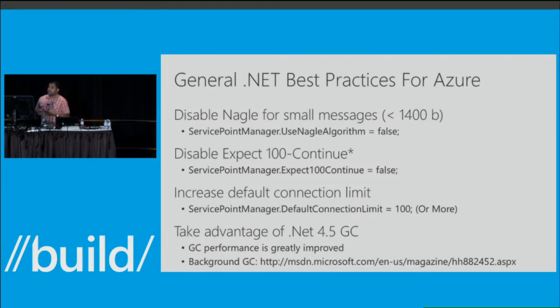One of the recommendations is to always increase the number of default connections. .NET by default has 2, and this has hit a lot of our users, who aren't aware that the default setting is 2. When they run their application, they don't get enough throughput, just because there are only 2 connections to the cloud.